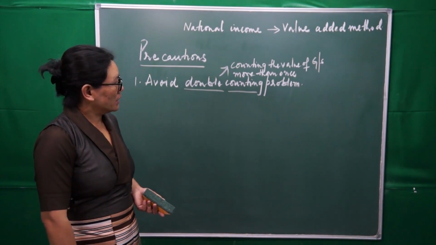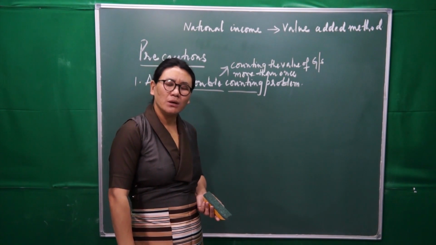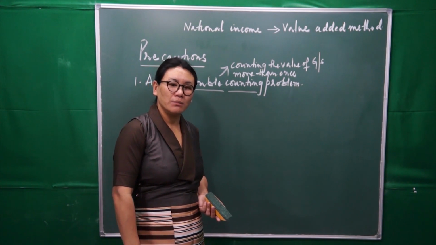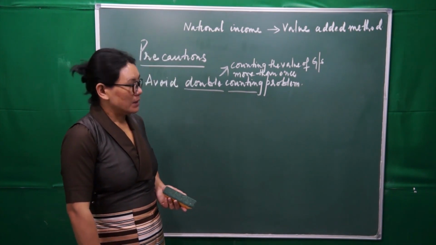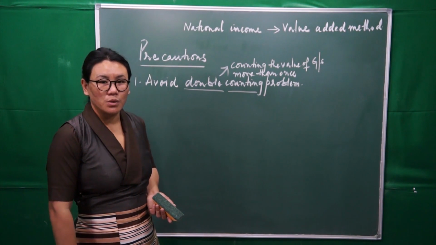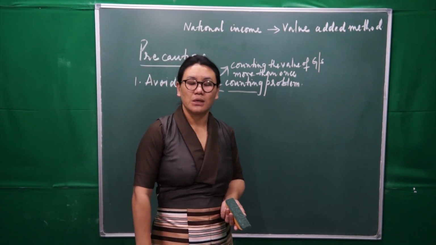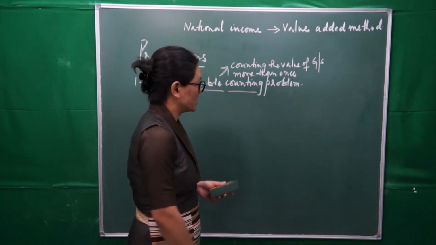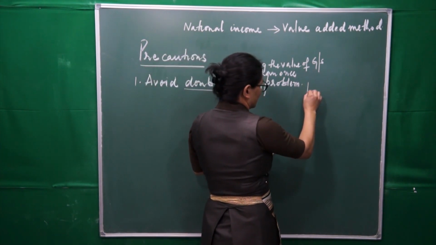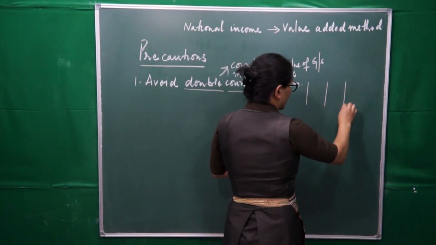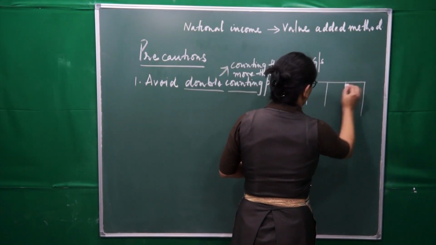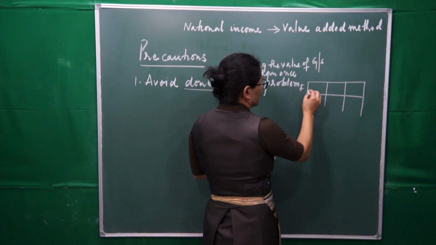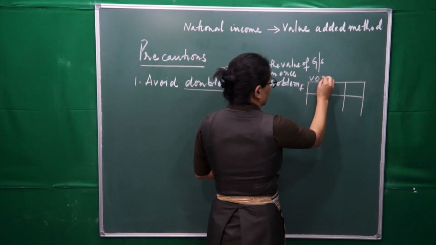Okay. Now see here, I'll give you a very simple example, only one example on double counting. Let us go back to the table which I have used in describing the value addition concept. Right? So roughly see here, I'll write it like this again. So here I've taken farmer. This is the value of output.